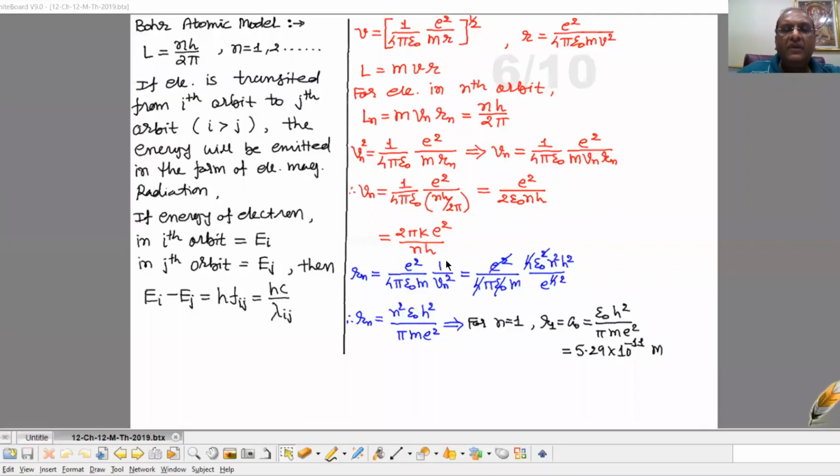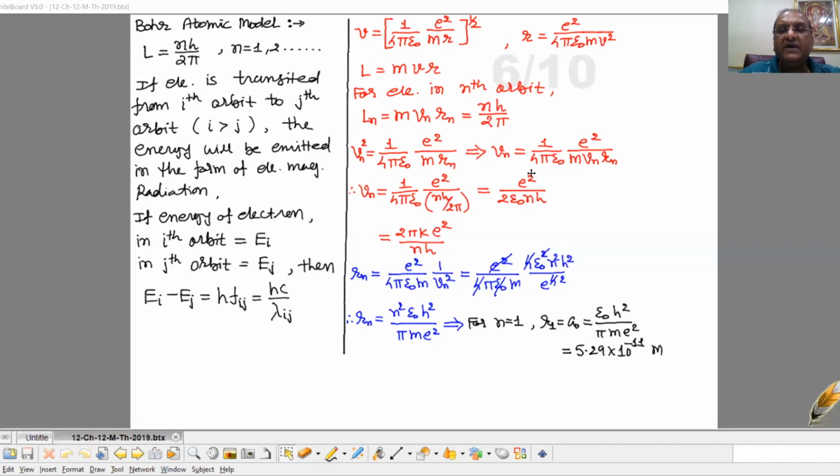Now, orbital radius for nth orbit. So as per this equation, we can write Rn equal to e square upon 4 pi epsilon 0 m into 1 upon Vn square. Now substitute the equation of Vn, and that is this equation.